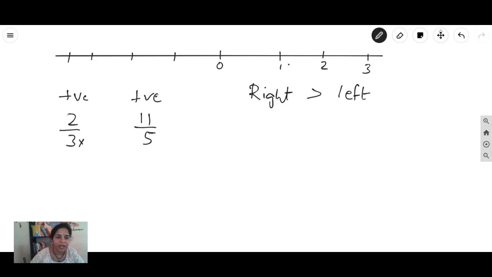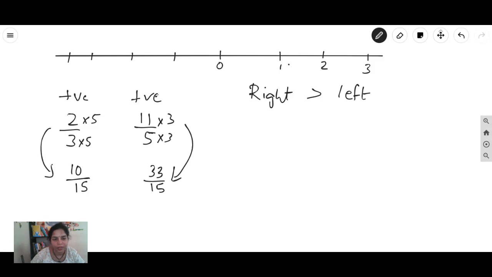So here we multiply by 5, here we multiply by 3, so that our denominators become the same, that is 15 in the bottom. 3 5s are 15 and 5 3s are 15, correct? And this will become 10 and this will become 33. With this, both denominators are the same and 33 over 15 is going to be greater.